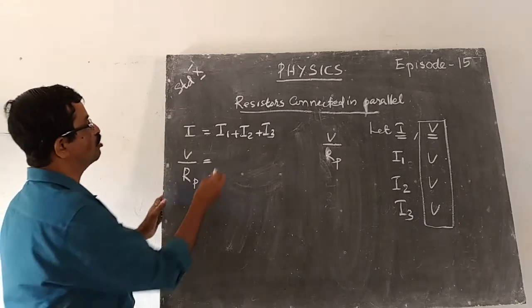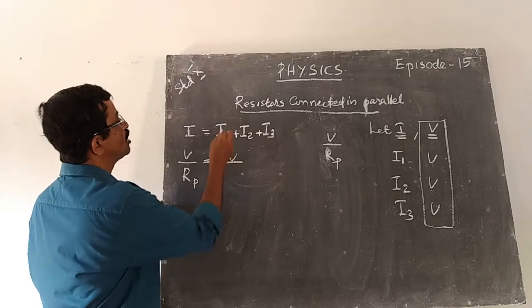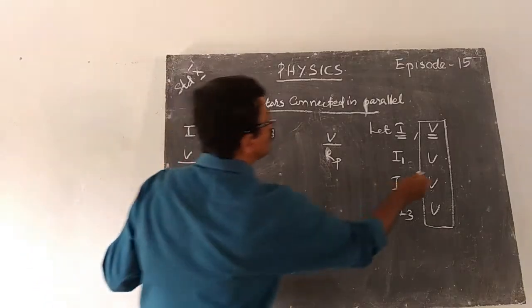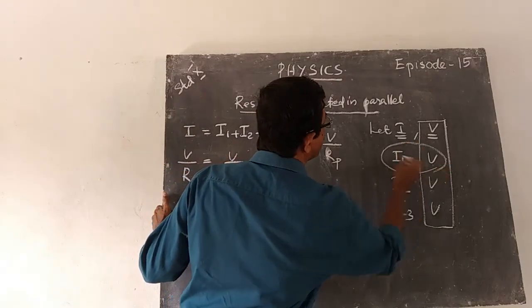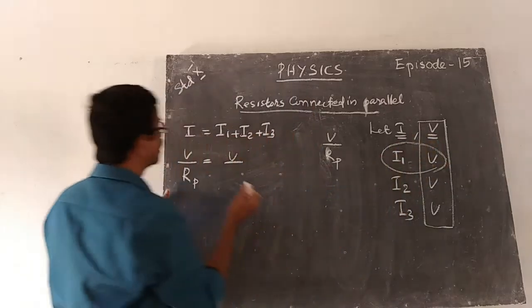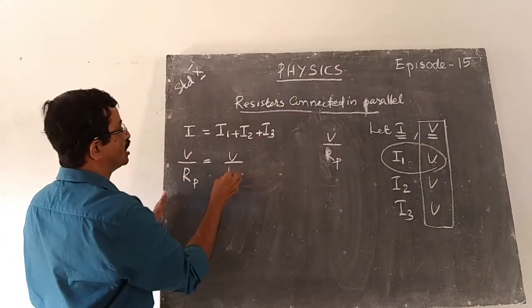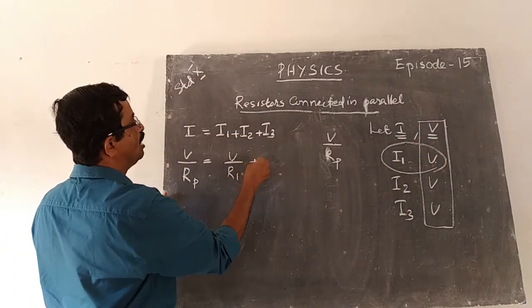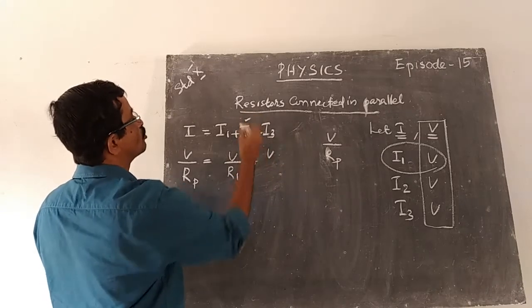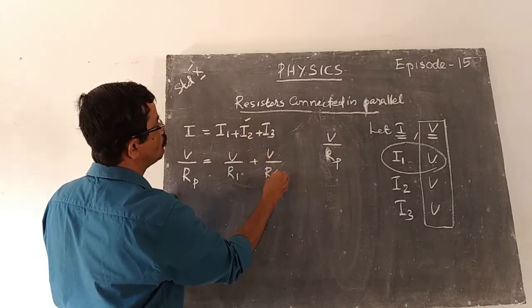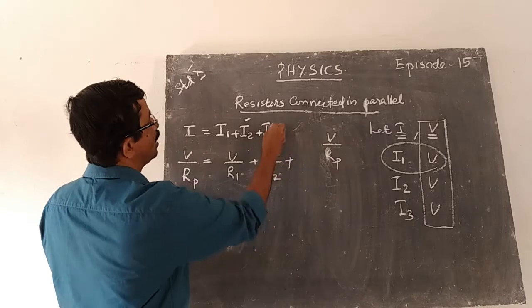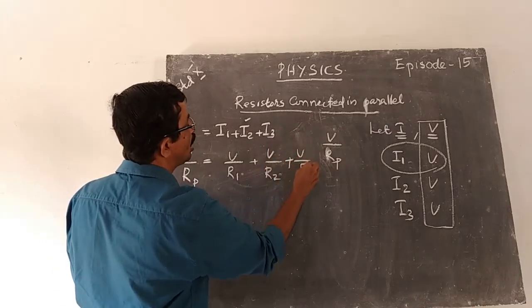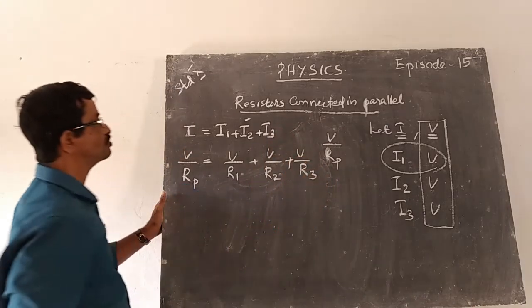Then I1 is equal to V by R1. Similarly, I2 is equal to V by R2, and I3 is equal to V by R3.